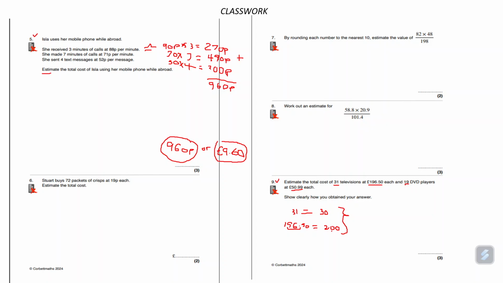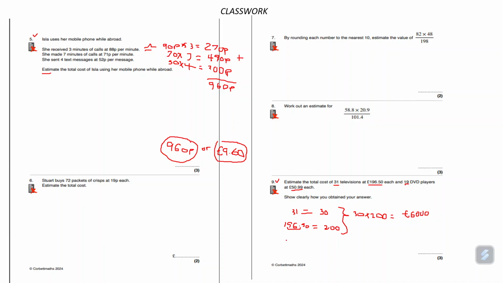So you need to multiply this together. That will be 30 times 200, which gives us 6,000 pounds.